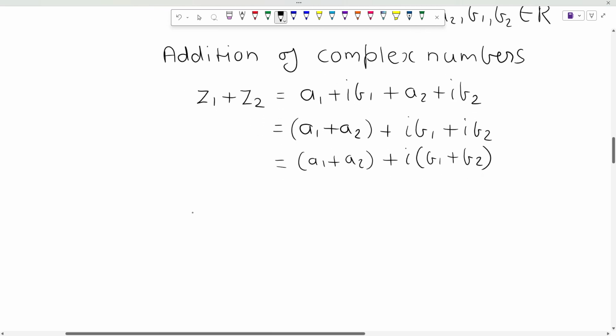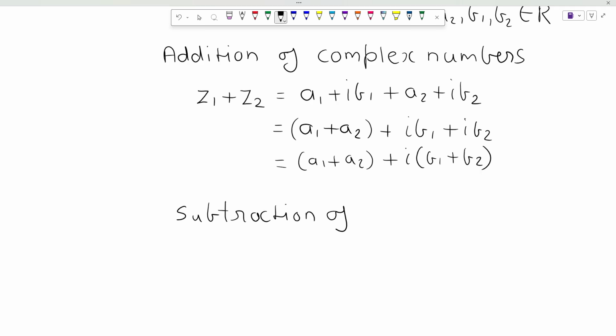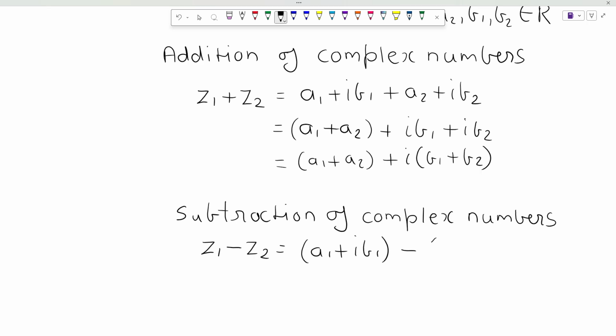Now the subtraction. Let us subtract z1 minus z2. So this will be, in the bracket, a1 plus iota times b1 minus, in the bracket, a2 plus iota times b2.